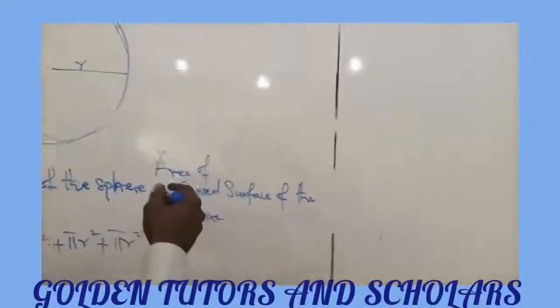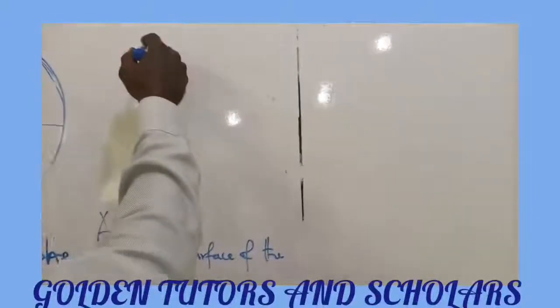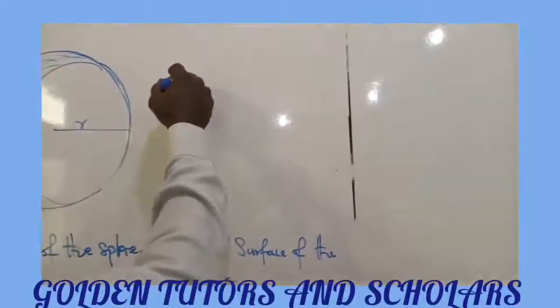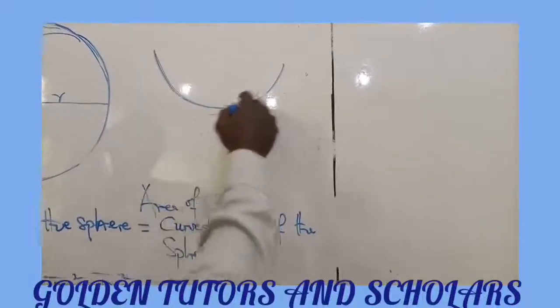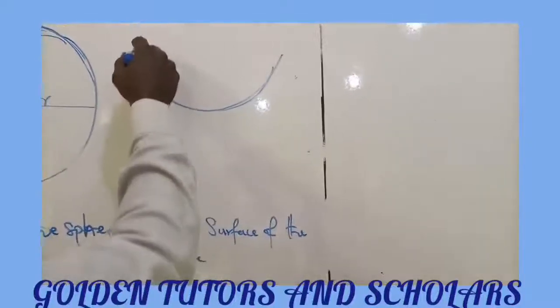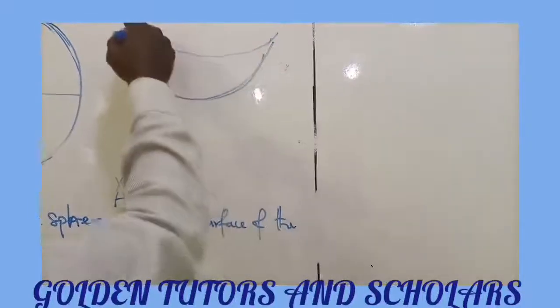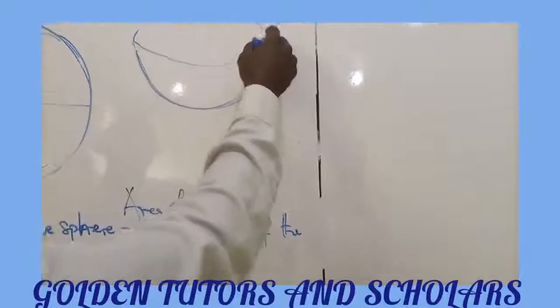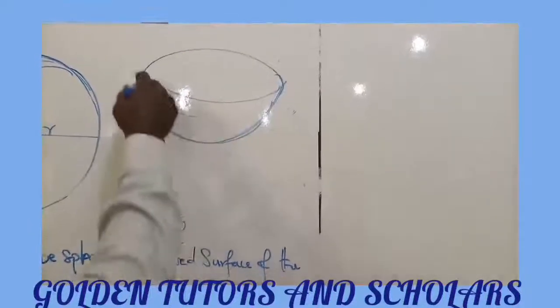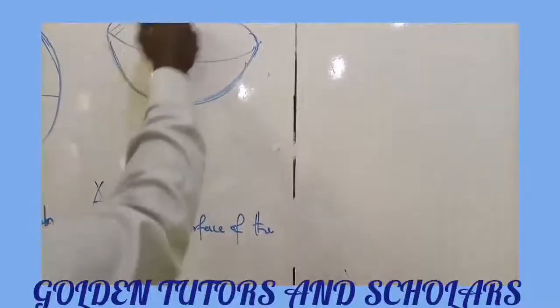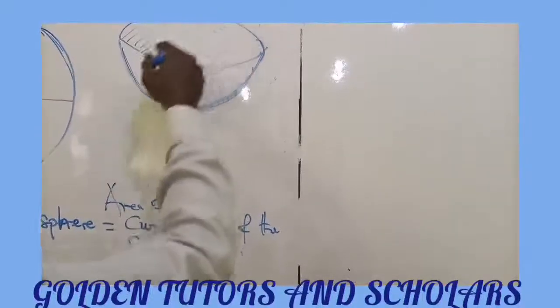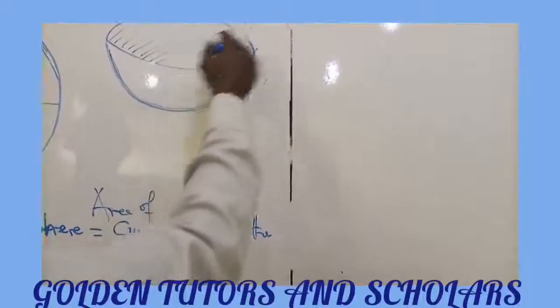Now, if we decide to cut this sphere into two equal halves, I'm going to have something that looks like this. We'll have this, where you have just this curved surface, and you also have the cross section here.